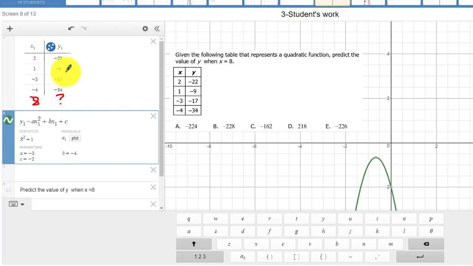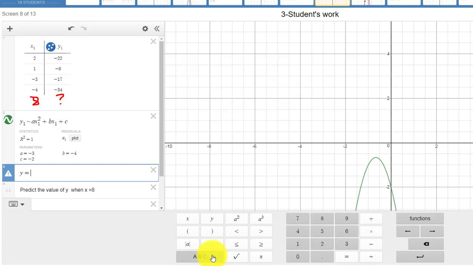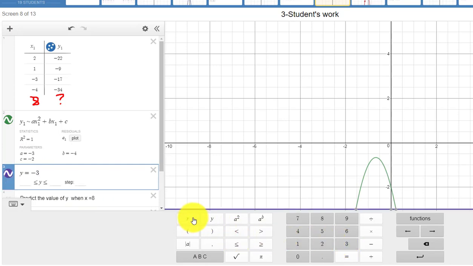So whenever we need to find the value of y, we need to type in the equation of the quadratic equation. So what I'm going to do is type in y. This time I'm going to use equal sign, and then my a is -3 x squared.